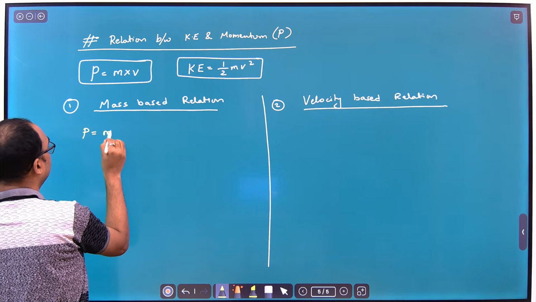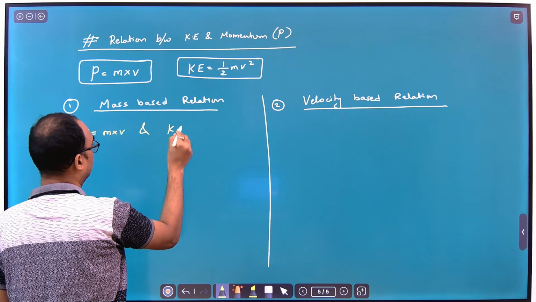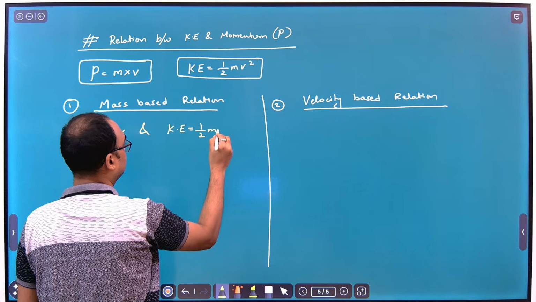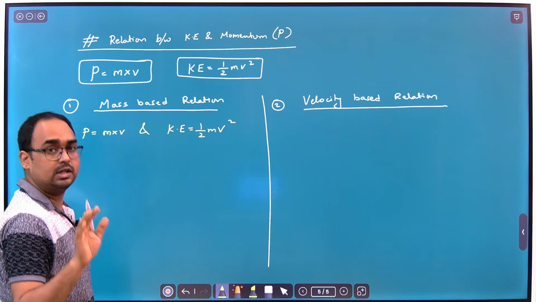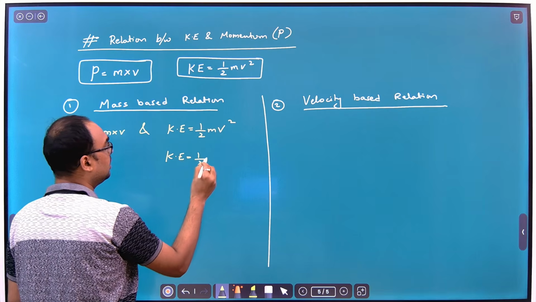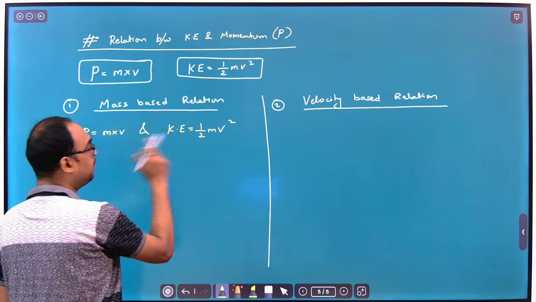Momentum is mass into velocity and kinetic energy is half mv square. Now all I will do is multiply both sides with mass.